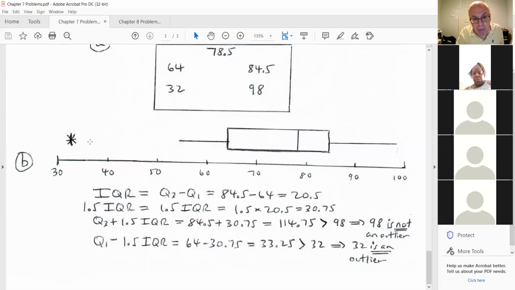And then nothing in between. There's a gap there between 55 and 32. And then we have this asterisk that indicates 32 is an outlier. So this is a way of displaying, from this 5-number summary, through a box plot and also determining if any numbers in your data set are outliers. Right? This is a recipe for doing that.